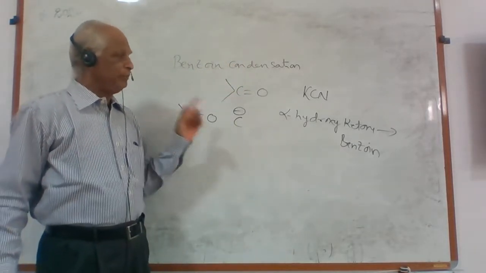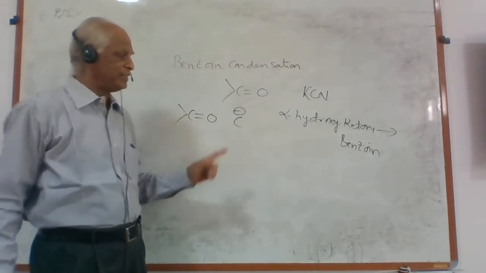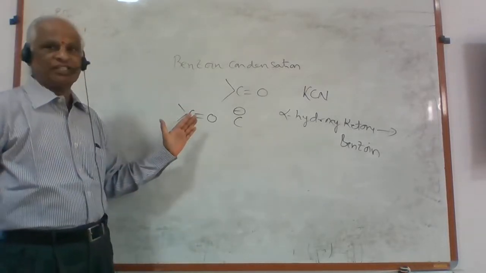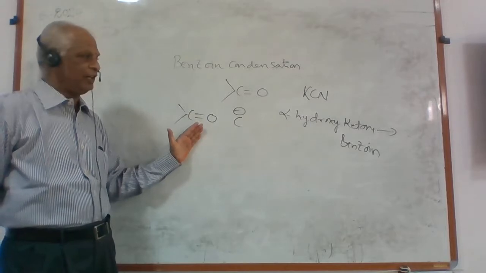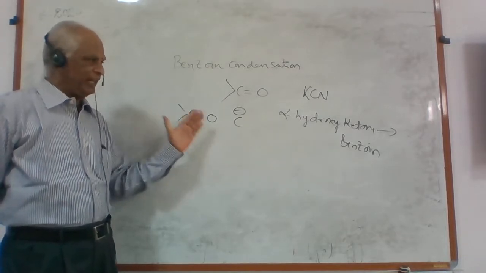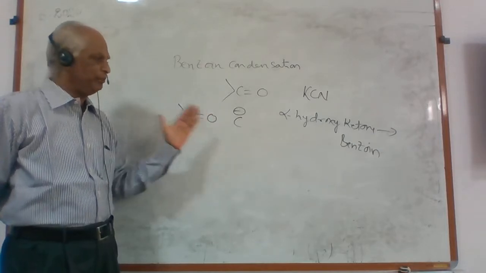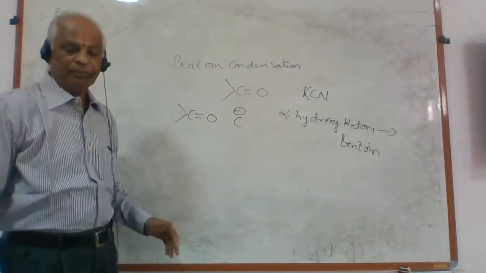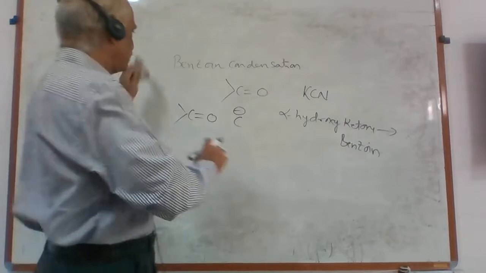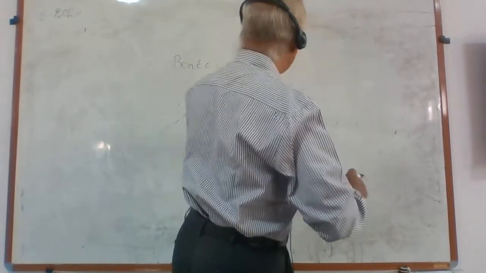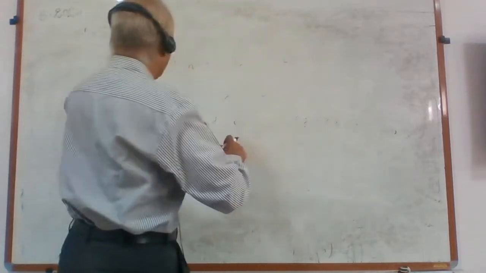Therefore, benzoin condensation means, when two molecules of an aromatic aldehyde dimerize in presence of potassium cyanide to form benzoin, it is called benzoin condensation reaction.